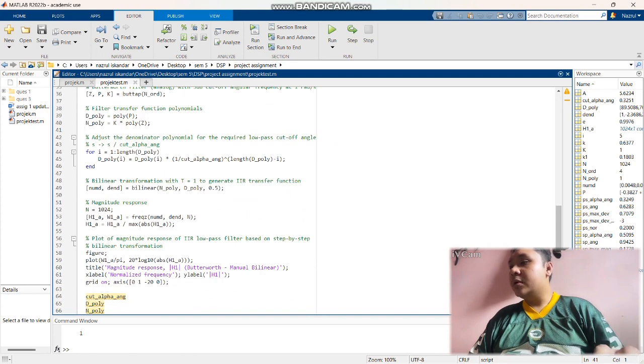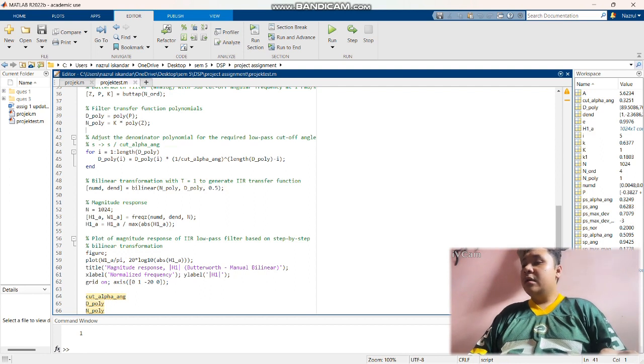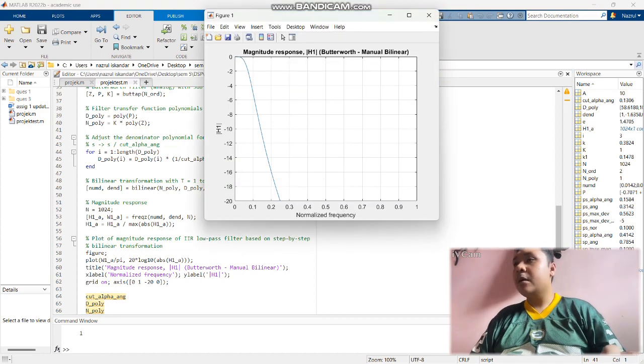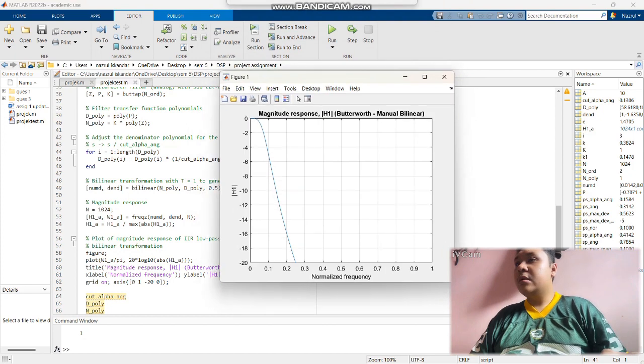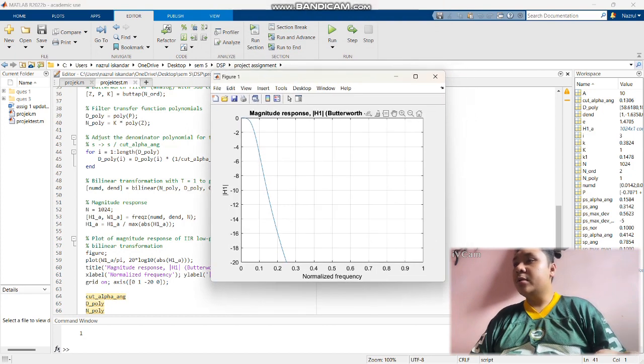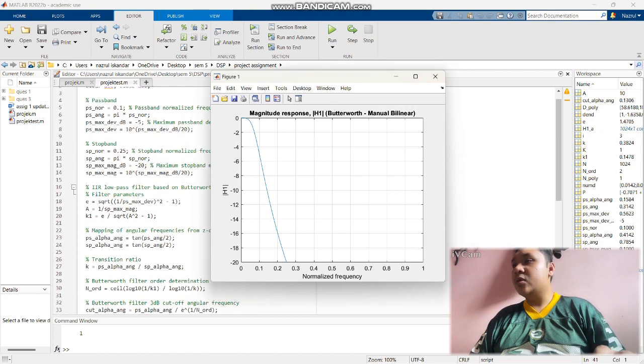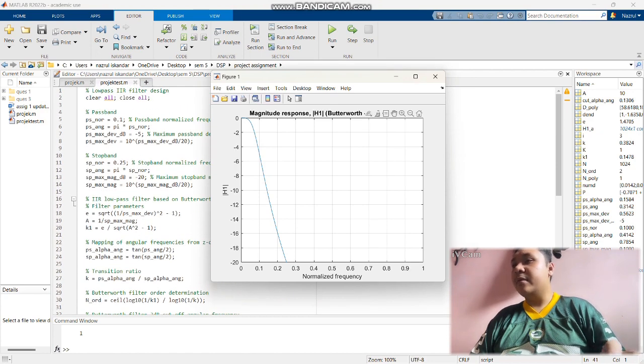We want to find the cutoff angle, the D polynomial and also the N polynomial. So we run it first. As you can see here, the results are totally different, because we set the stopband and the passband different from part 2.